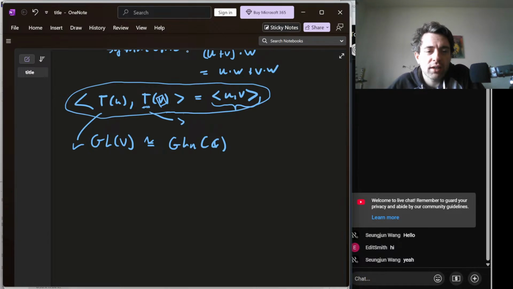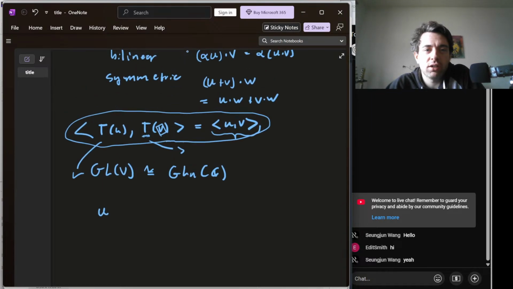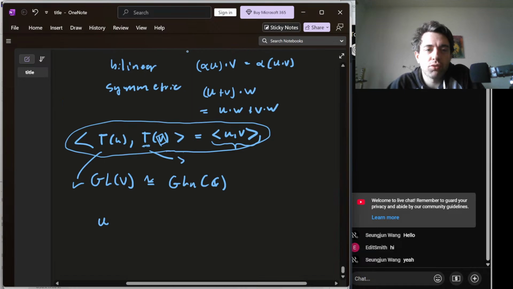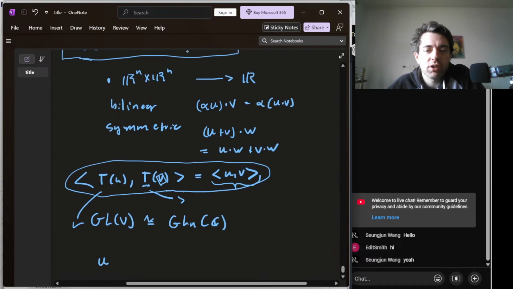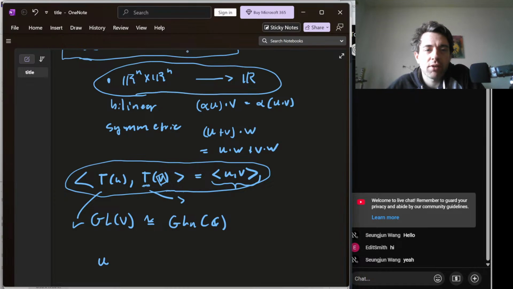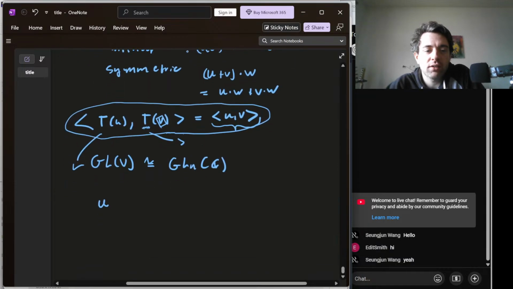So in that case, if now I'm thinking of u and v as column vectors, normally an inner product, or some sort of bilinear pairing that eats vectors on either side and spits out a number, doesn't always have to be symmetric, as we'll see in a moment. Well, how could we represent that?